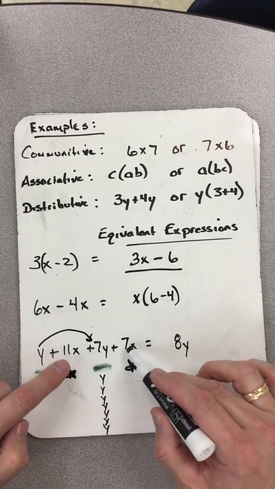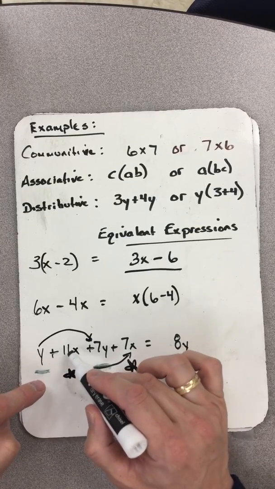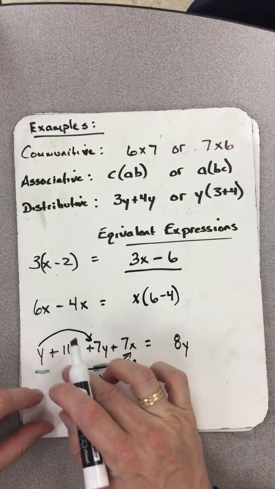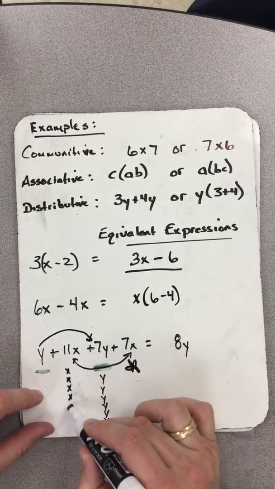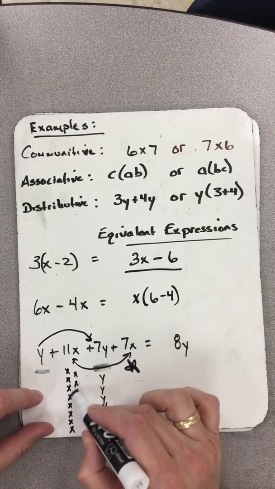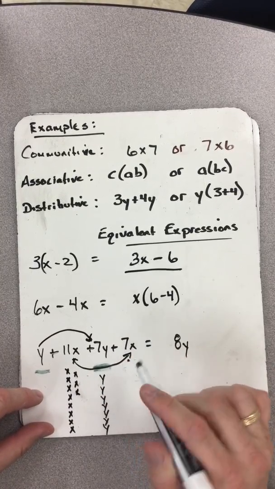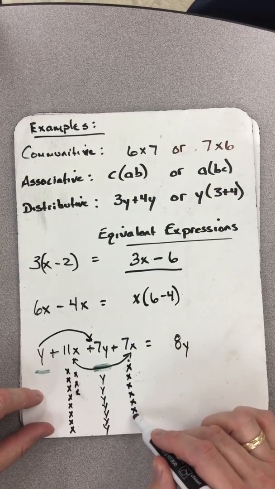So then I'm going to do the same thing here. I'm going to combine the 11x with the 7x. Remember, this just means I have 11 x's: 4, 5, 6, 7, 8, 9, 10, and 11 x's. And over here I have 7 x's: 1, 2, 3, 4, 5, 6, 7.